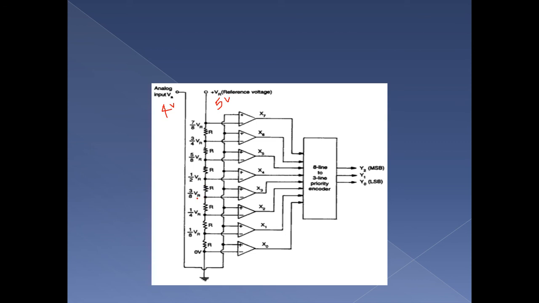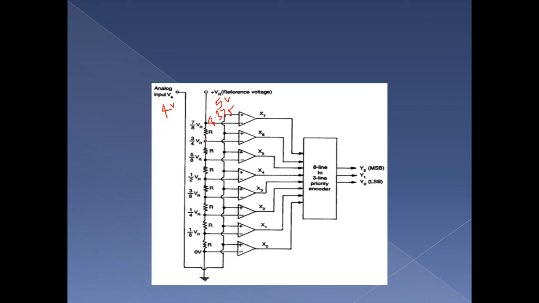At this node the voltage is 3 by 8 VR, at this node 1 by 4 VR, and 1 by 8 VR here. Here it will be 0 voltage because we have grounded it. At this point it is 7 by 8 VR, and if the reference voltage is 5 volt, then the voltage here will be 4.375.